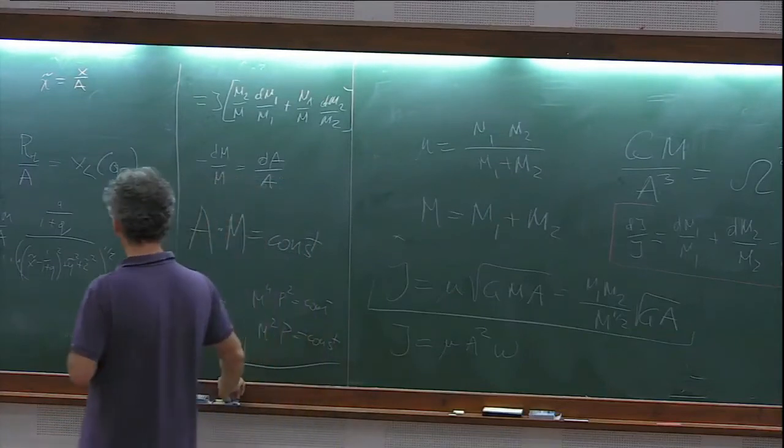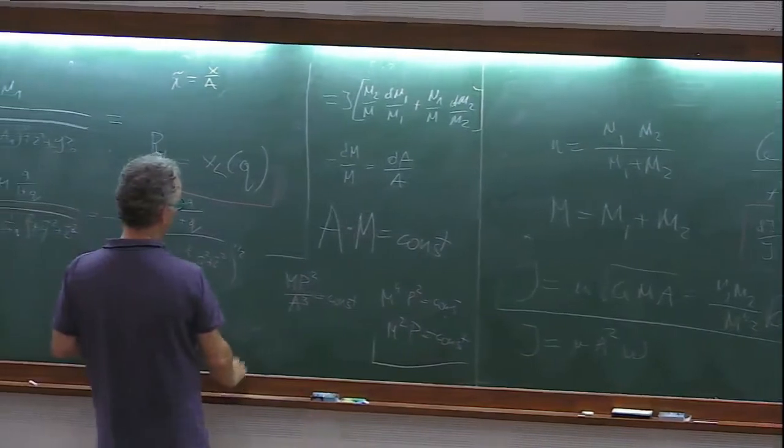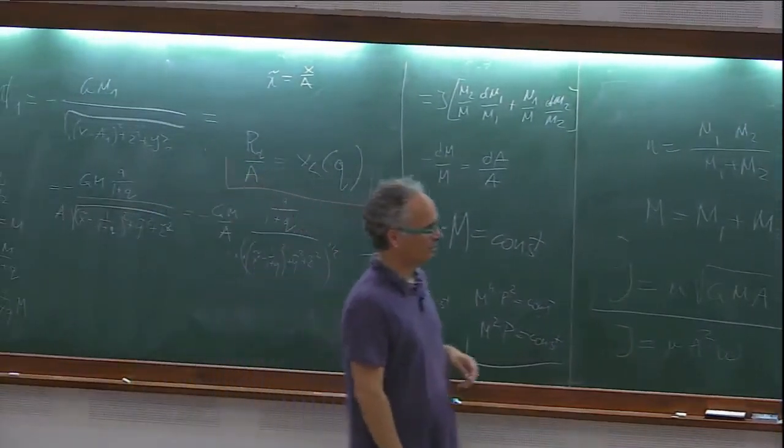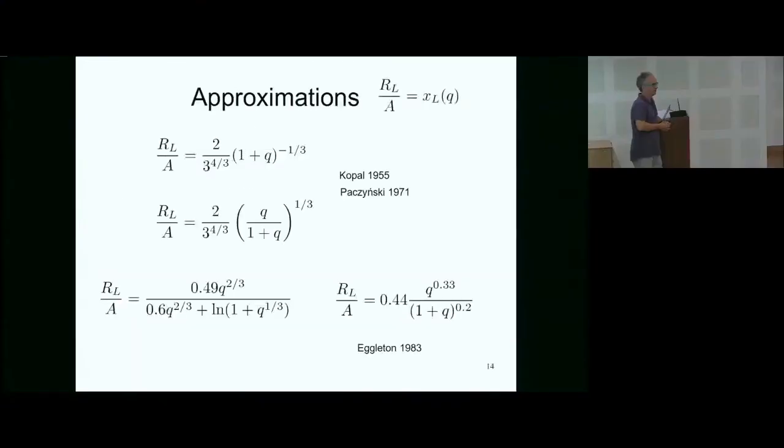So this is an important result, and we'll use some of these functions XL of Q to investigate the properties of the Roche lobe and how the Roche lobe changes during the mass transfers.